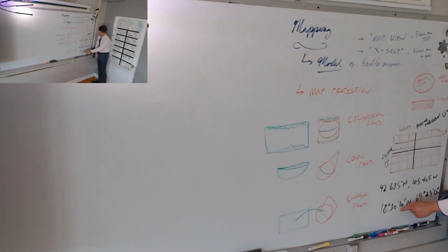Just like in an hour there are 60 minutes, and in a minute there are 60 seconds, in a degree on the map we can break that degree up into 60 minutes and those minutes up into 60 seconds.